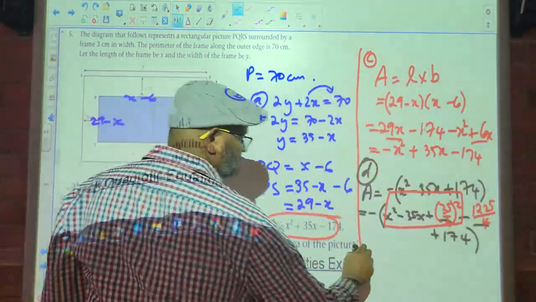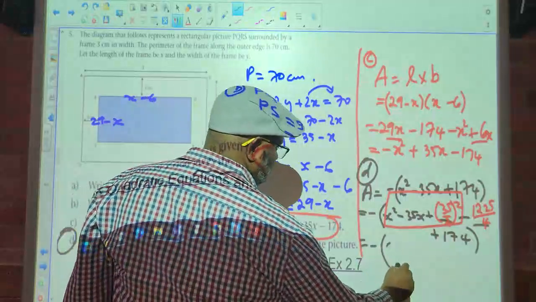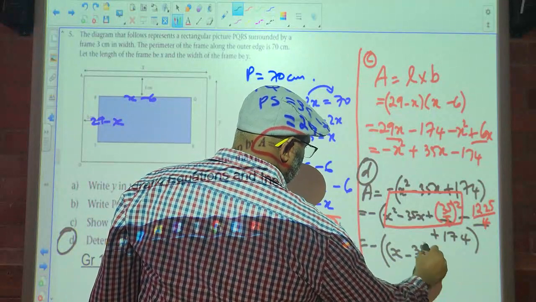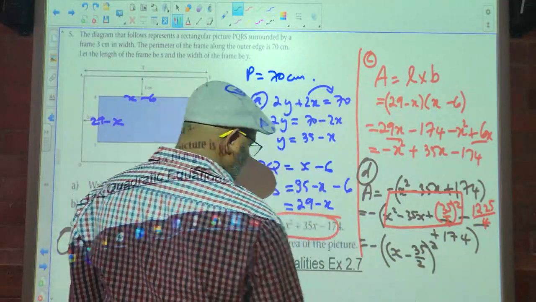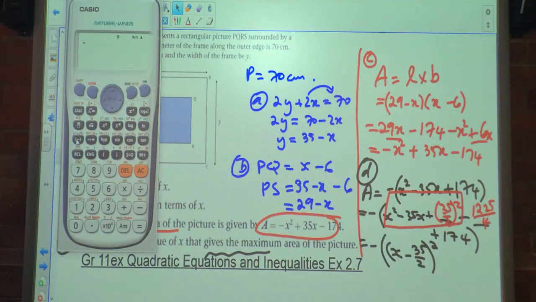Everyone okay with that? So that would simply be negative into x minus 35 over 2, and it must be squared. Then on our calculator we say negative 1225 over 4 plus 174.